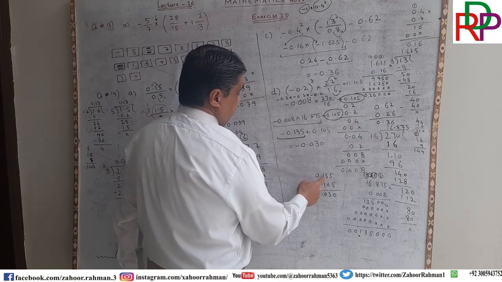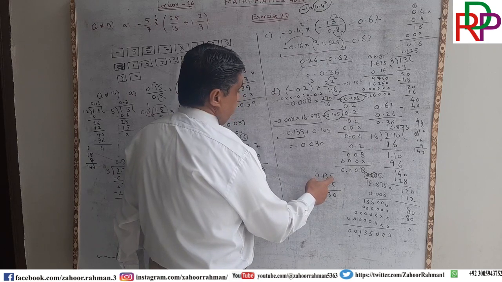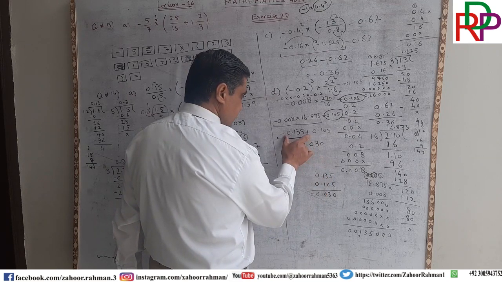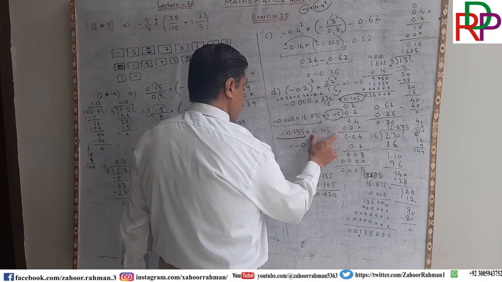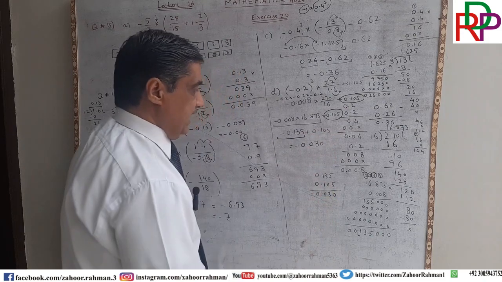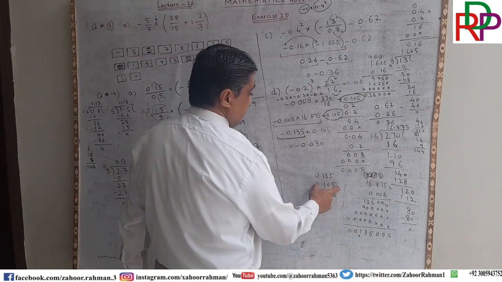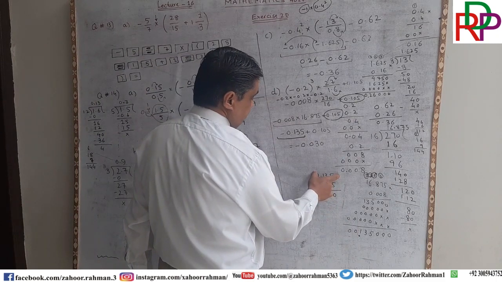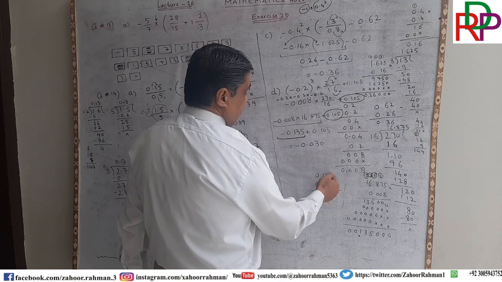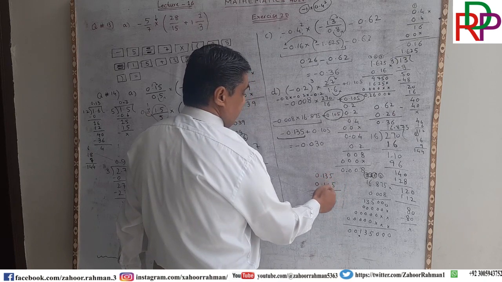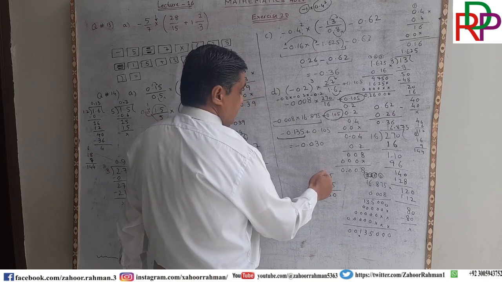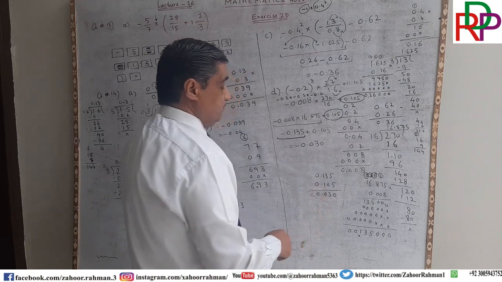So 0.135 is the larger number and 0.105 is the smaller number. So we have to subtract the smaller number from the larger number, and when we subtract, this will be 0 and this will give you 3 and this will give you 0.